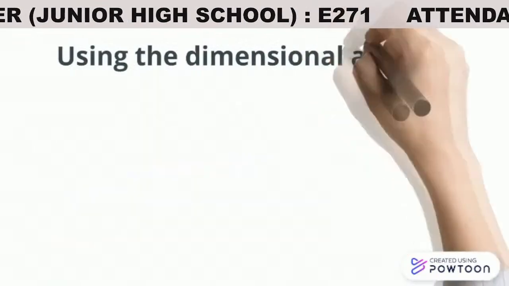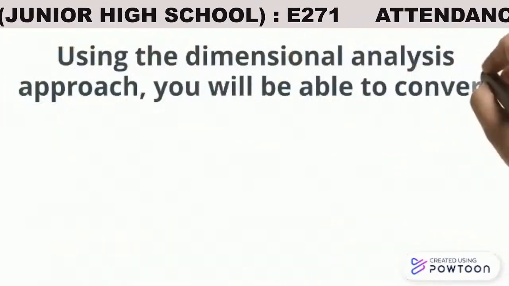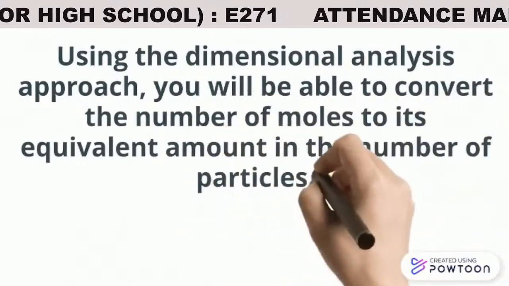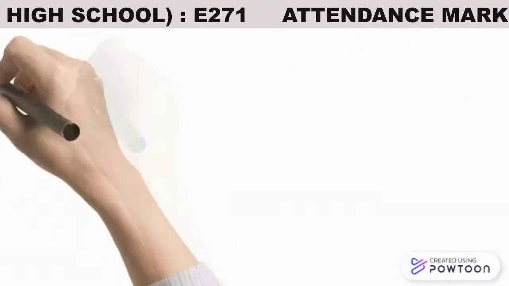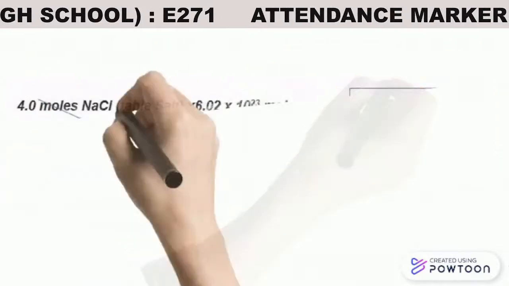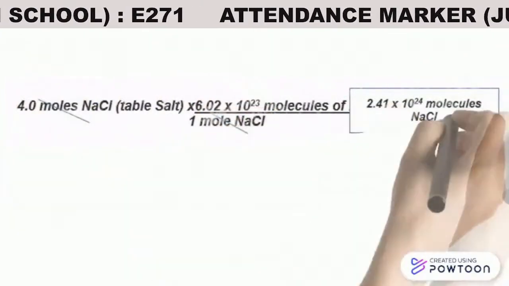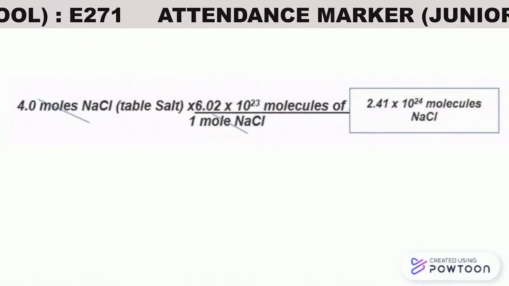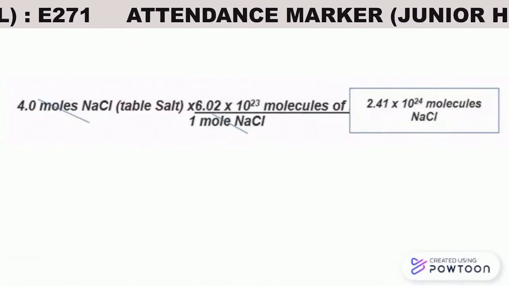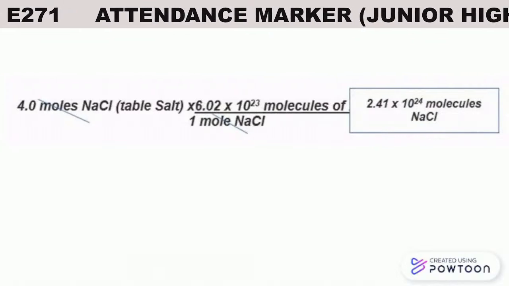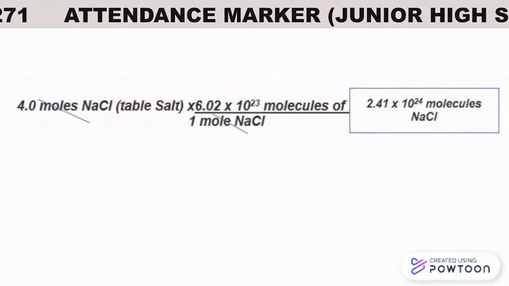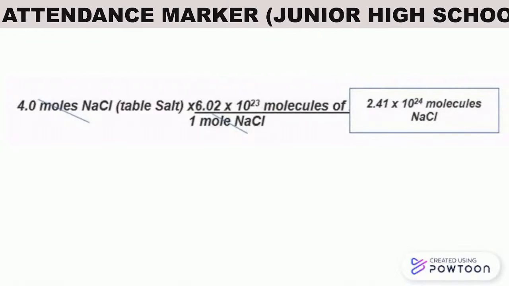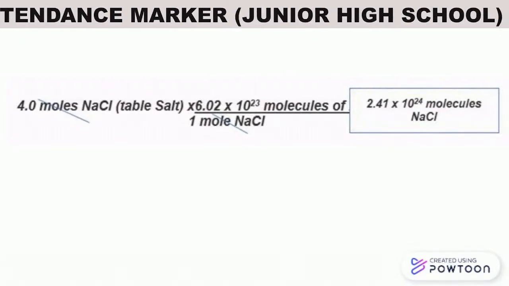Using the dimensional analysis approach, you will be able to convert the number of moles to its equivalent amount in the number of particles. 4 moles NaCl times 6.02 times 10 to the power of 23 molecules over 1 mole of NaCl. Cancel out mole NaCl to 4 moles NaCl. It is equal to 2.41 times 10 to the power of 24 molecules NaCl.